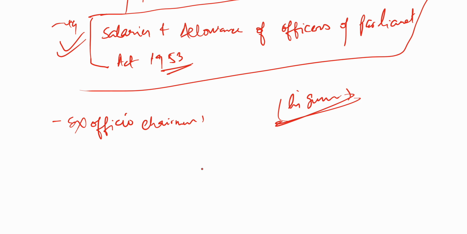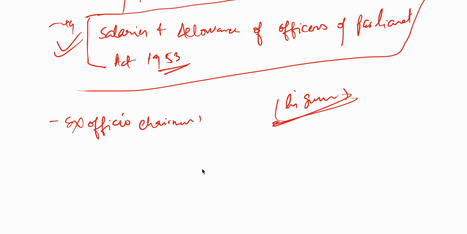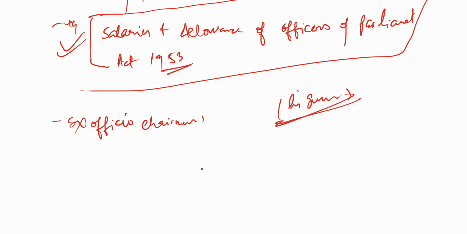Now, Article 65 Clause 2 provides that when the president is unable to discharge his functions owing to absence, the vice president discharges the function of president. He shall have all the powers and immunities of the president and be entitled to such emoluments, allowances, and privileges as may be determined by parliament by law.